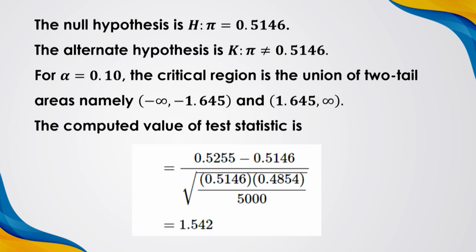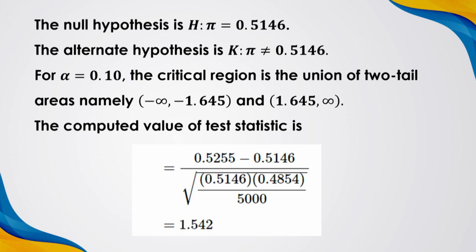The null hypothesis H: phi equal to 0.5146. This is the world proportion of male boys. The alternate hypothesis K is phi not equal to 0.5146. For alpha equal to 0.10, the critical region is the union of 2 tail areas, namely the interval minus infinity comma minus 1.645 and 1.645 comma infinity.